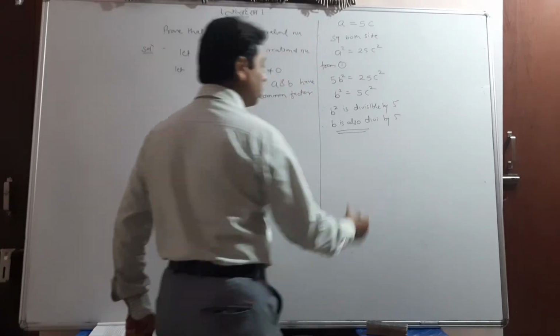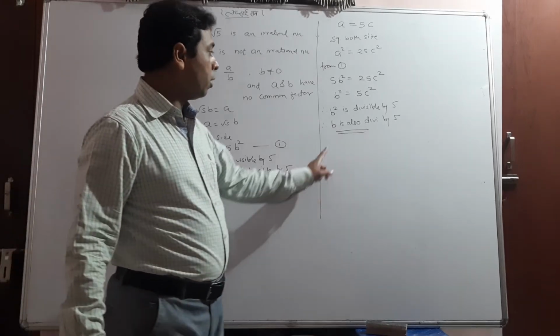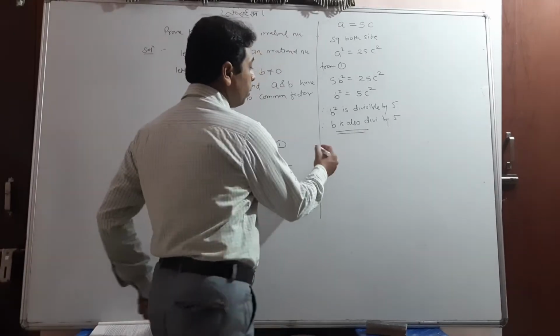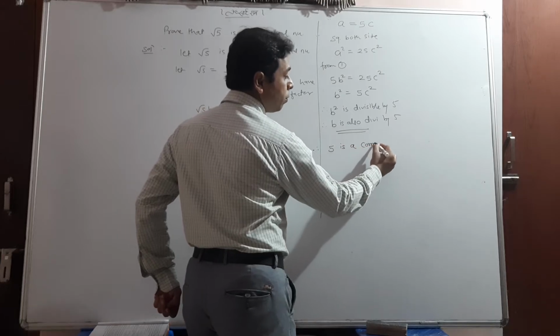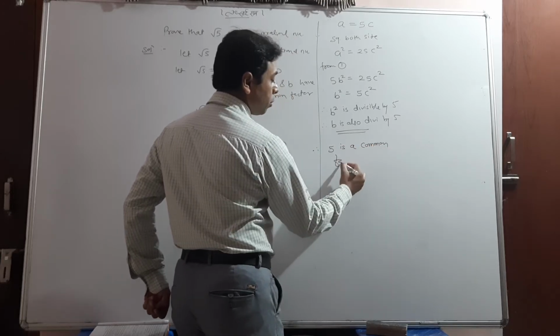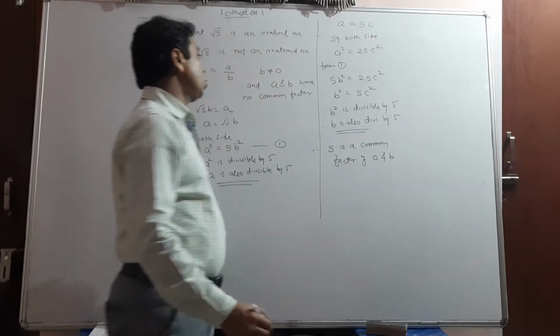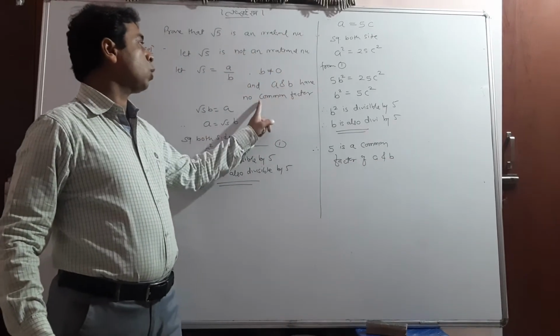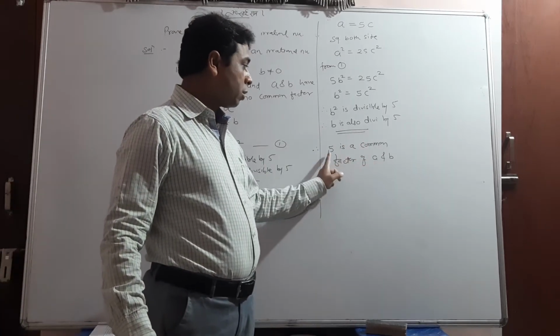So what can you take out as the conclusion? a is divisible by 5. b is divisible by 5, meaning 5 is what? 5 is a common factor of a and b, and what you assumed is that a and b have no common factor, but what you got, a and b have a common factor which is 5.